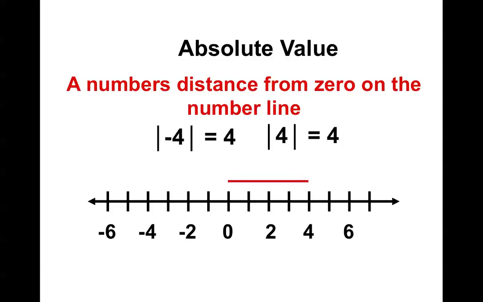And the absolute value of negative 4 is also 4, meaning that negative 4 is 4 steps away from 0 to the left, but all we're caring about is the distance. And we notice that the absolute value of 4 and the absolute value of negative 4 have the exact same lines. They are the exact same distance away from 0.